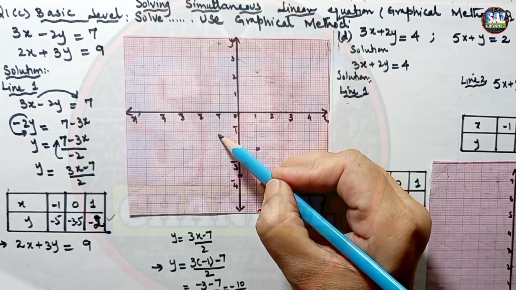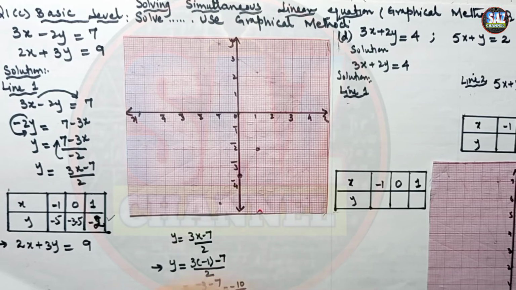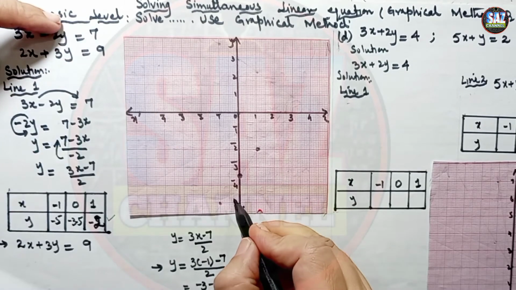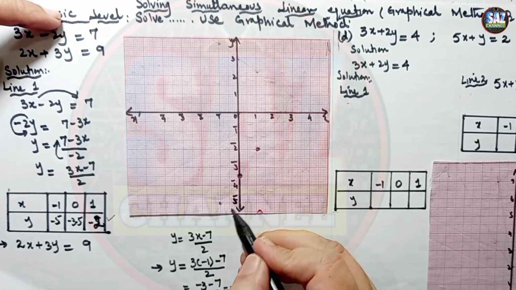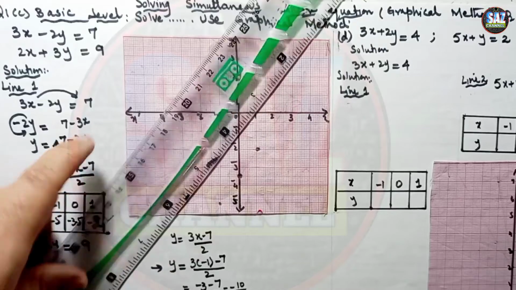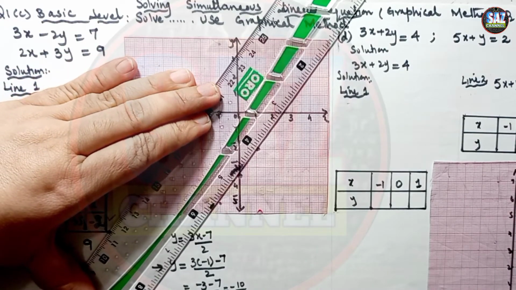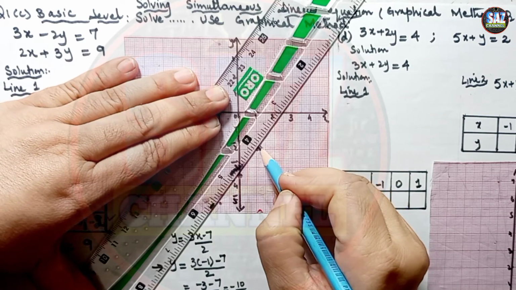So after reaching at x is equal to minus 1, I have to move downward to minus 5. Now I have to join these points with the help of ruler and pencil and draw the line. 3 points are enough for the drawing of line, so please be careful.